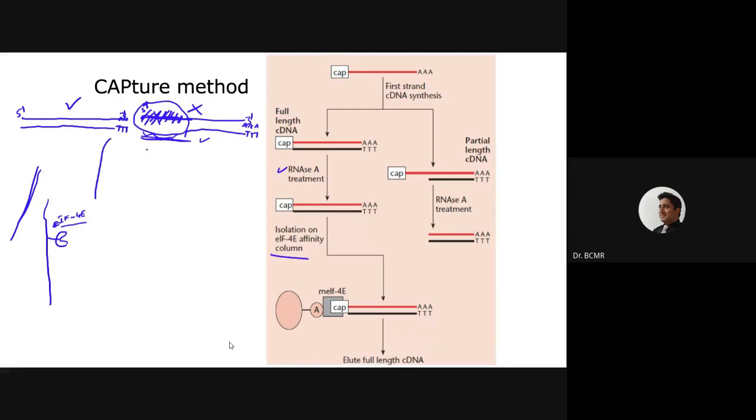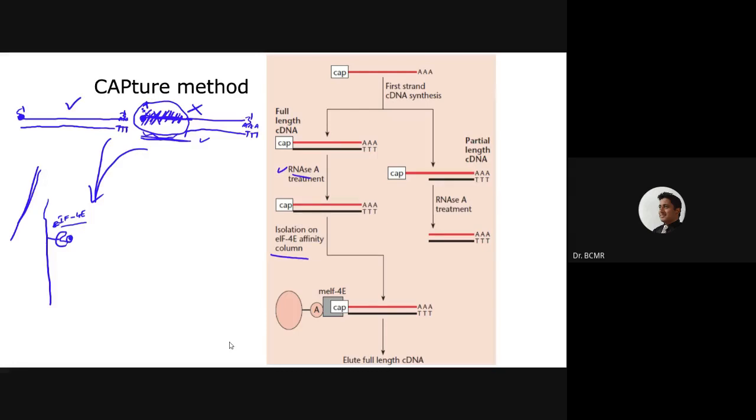Now if you allow these two to pass through, the one with the GCAP, here is the GCAP. In this one, the GCAP is no longer present or available. It is broken down, because we treated with RNase A. Here also we added RNase A to the mixture, but the full length one will be protected because reverse transcription is complete.